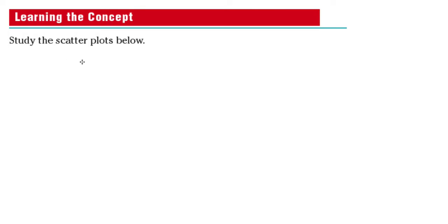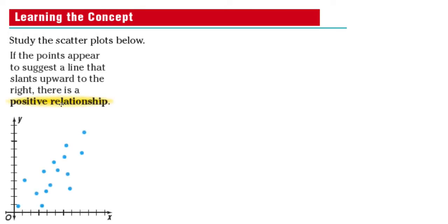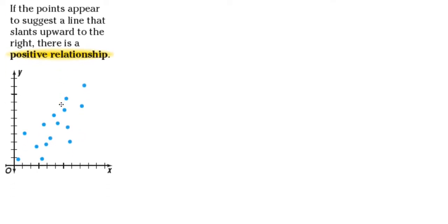Now look at the scatter plots below. Let's look at the first one. If the points appear to suggest that the line slants upward to the right, there is a positive relationship, which means this, if it slants upward, something like that, that is a positive relationship.